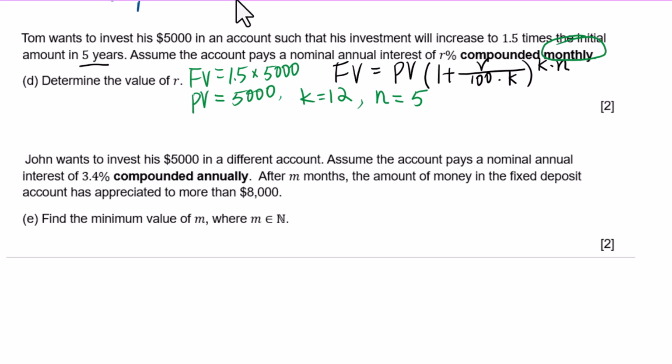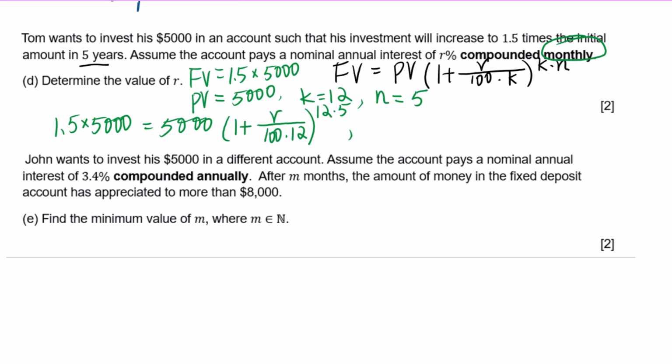Then we do the substitution: 1.5 times 5,000 equals 5,000 times 1 plus R over 100 times 12 to the power of 12 times 5.